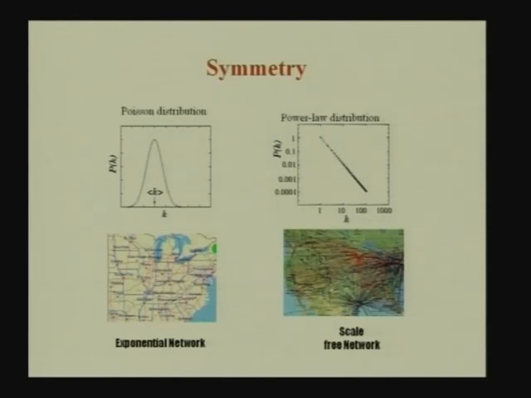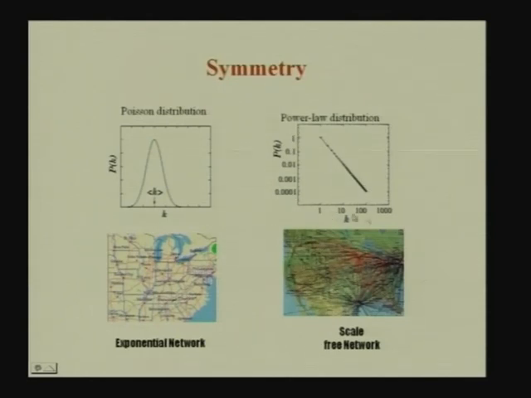I think we showed you this. The left side is the road network, while the right side is an airlines network, and what we see is that the airlines network follows a power law. Power law means what?